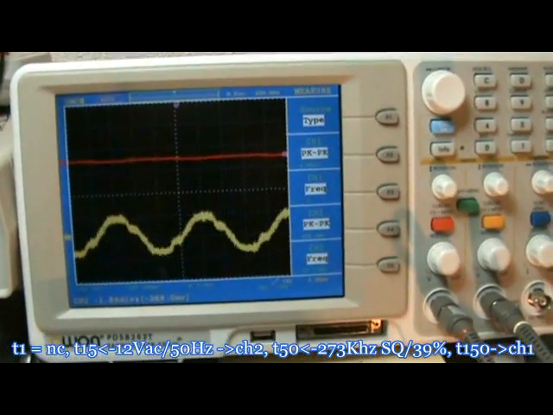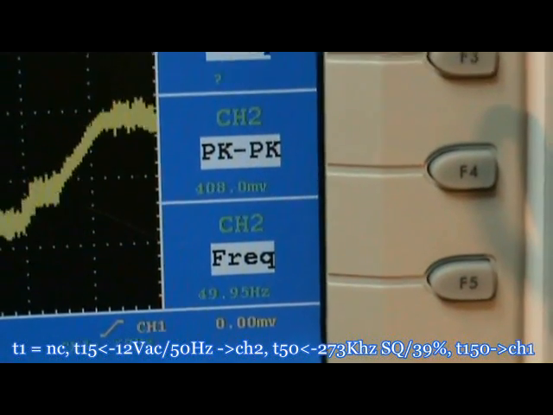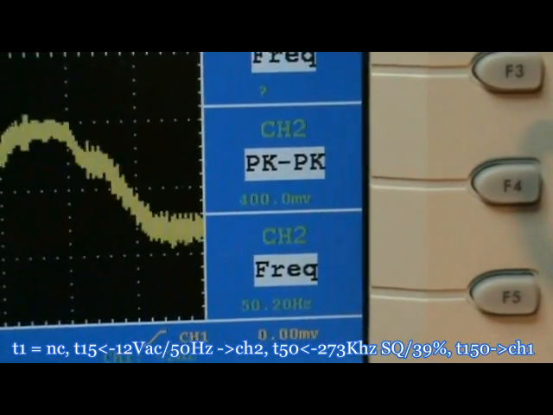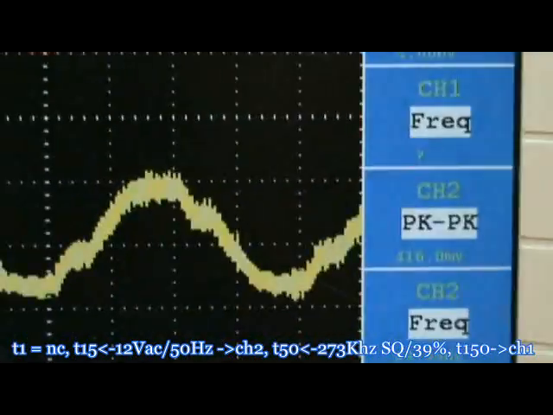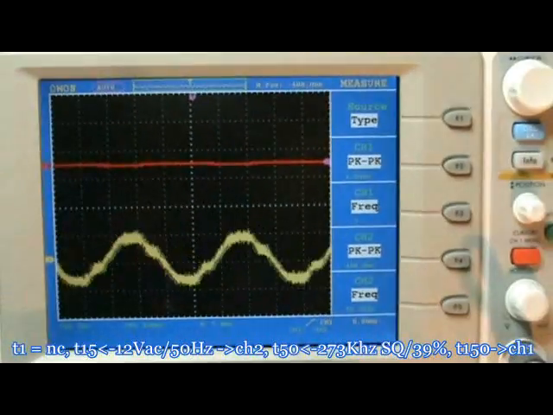So the lower waveform now is the 50 hertz supplied by the transformer on the 15 turns. It's not much, it's 400 millivolts. But this is the best I can get on this low impedance 15 turn coil.